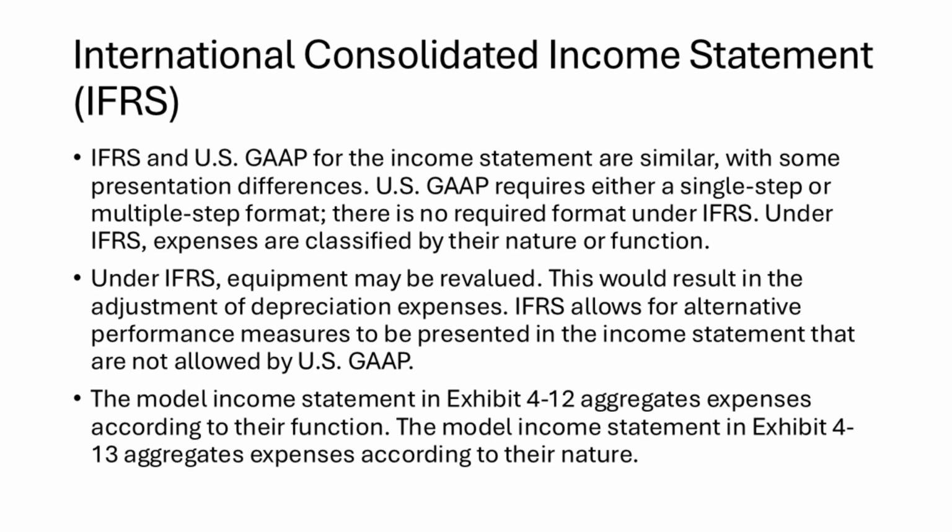Under IFRS, intangibles may be revalued. This will result in an adjustment of the depreciation expenses, and IFRS allows for alternative performance measures to be presented in the income statement that are not allowed by US GAAP.